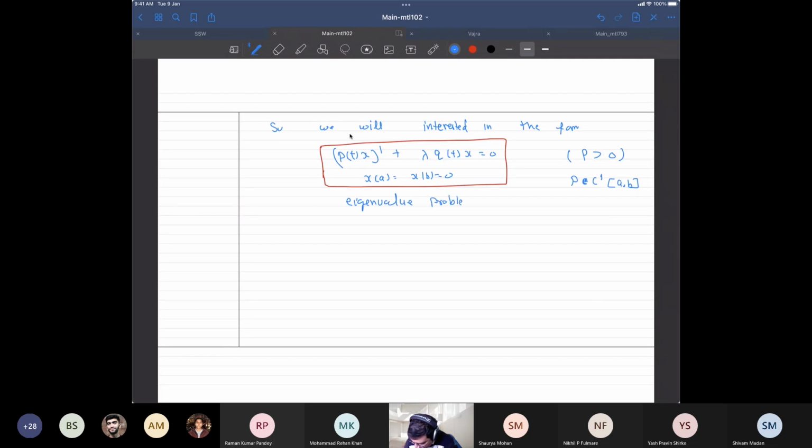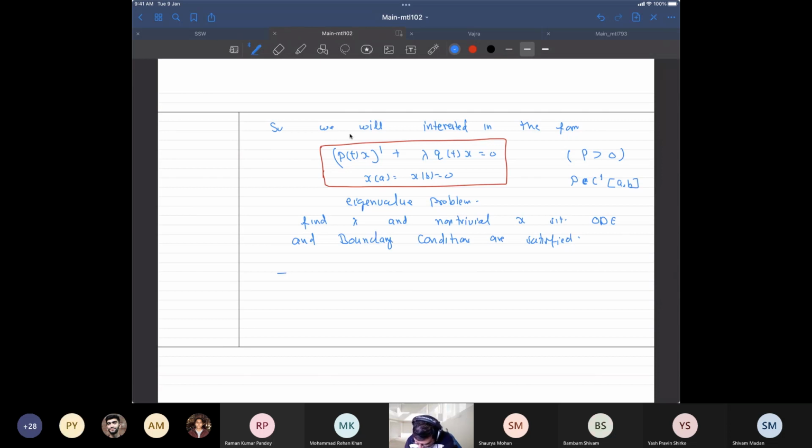And the interest here, so this is an eigenvalue problem. What is the eigenvalue problem? Find lambda and non-trivial x such that the ODE and the boundary conditions are satisfied. So here you can look at it from your linear algebra point of view.